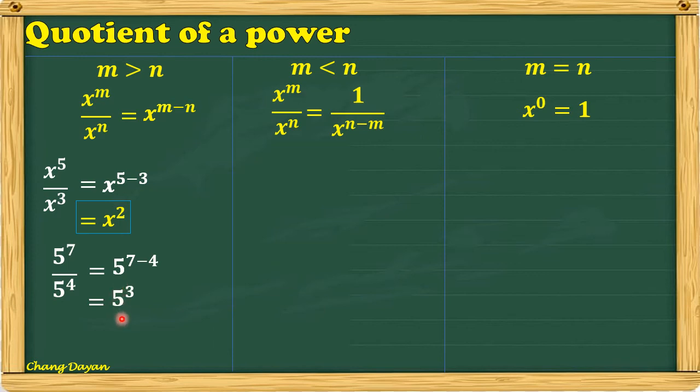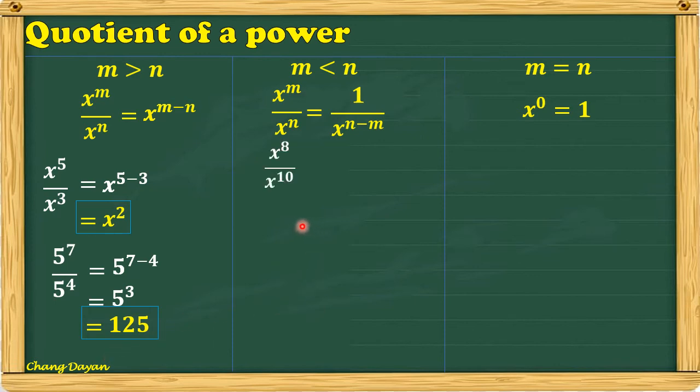So, we have 5 cubed. Pero hindi pa ito ang ating final answer. Simplify pa natin. 5 cubed is not 5 times 3. It means 5 times 5 times 5. So, we'll have 5 times 5 is 25. Times 5 will get 125. So our answer here is 125.